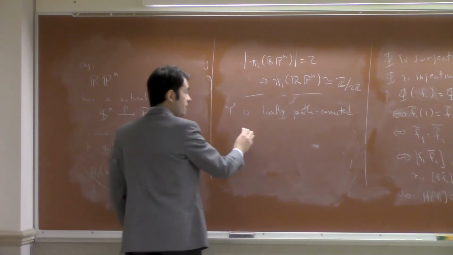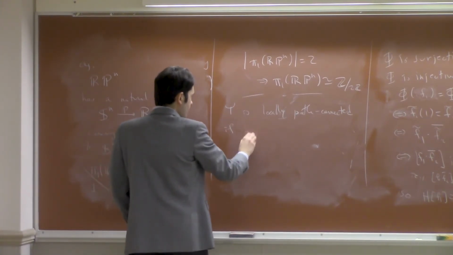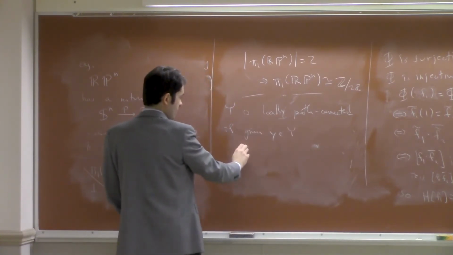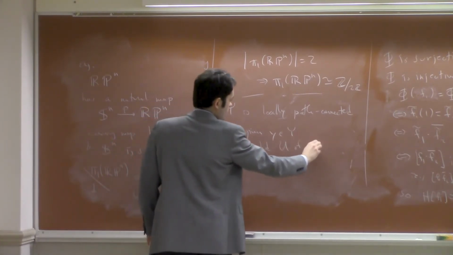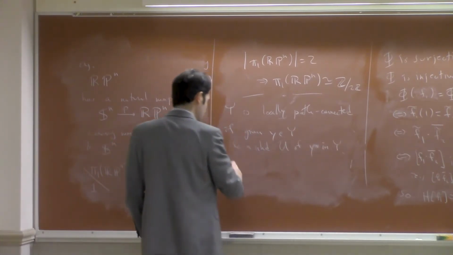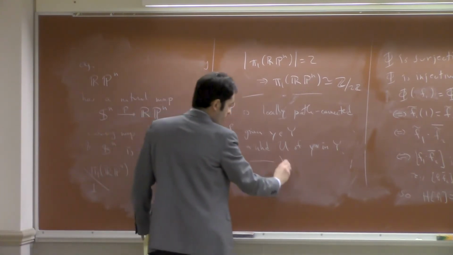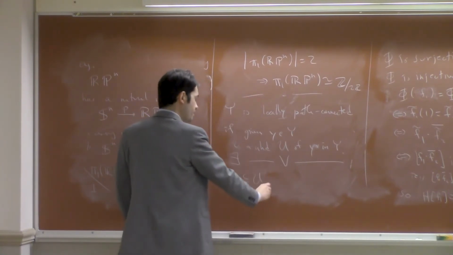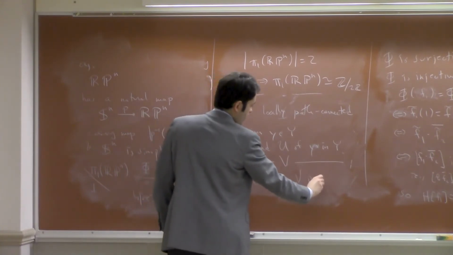So in this case, that means given any point y in Y and a neighborhood U, then there exists a neighborhood V of y in Y, V inside U, such that V is path connected.